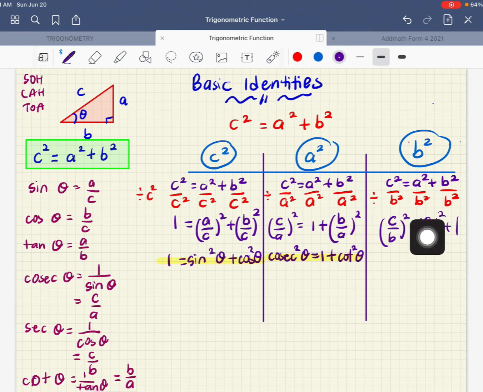C over B is secant, so it's secant squared theta. And A over B is tangent theta, so secant squared theta equals tangent squared theta plus 1. Right? So that's it. We have 3 basic identities that you need to understand.